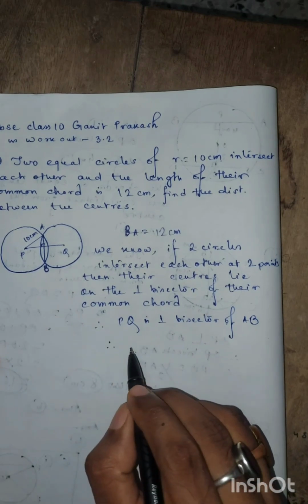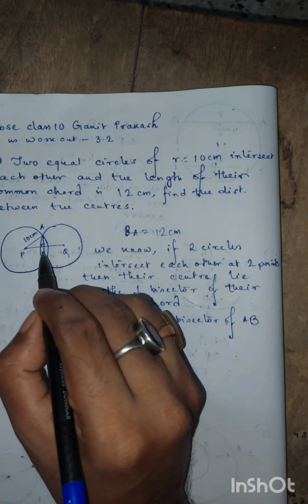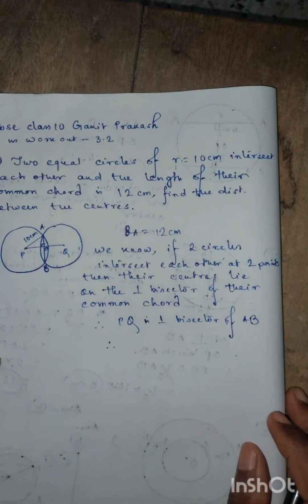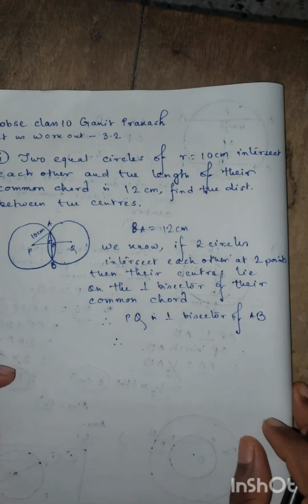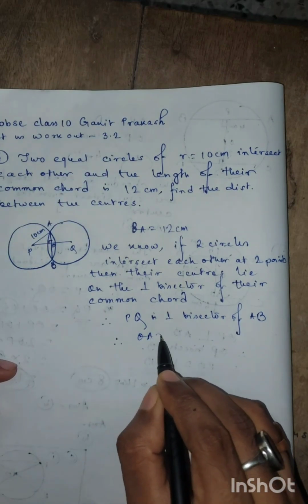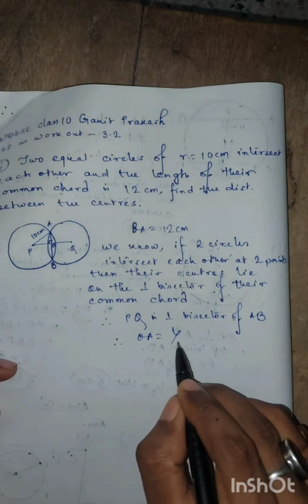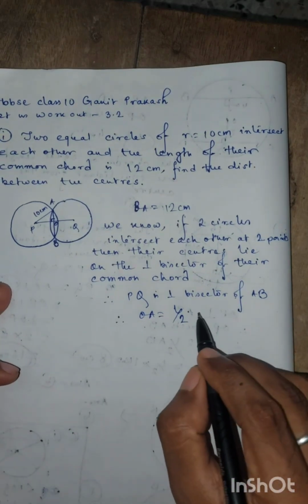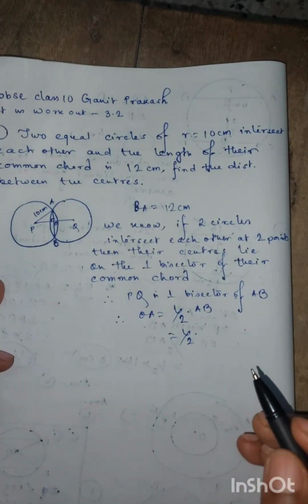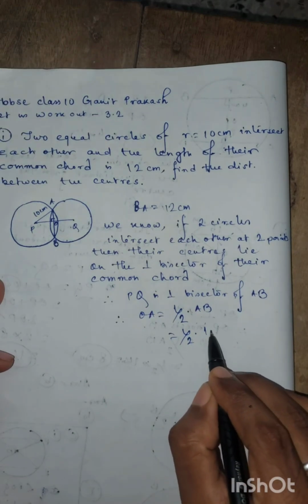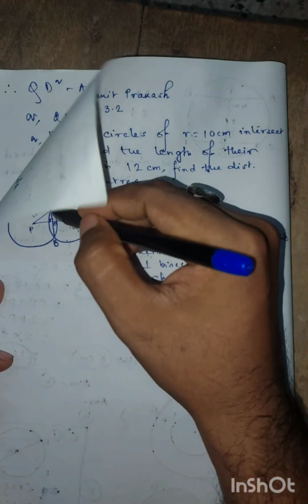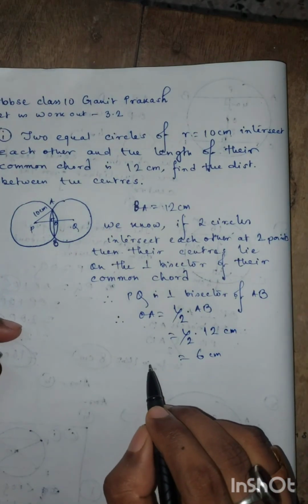Therefore, let us call this point O. Therefore, OA is equal to half of AB. This is 6 centimeters. So AO is 6 centimeters.